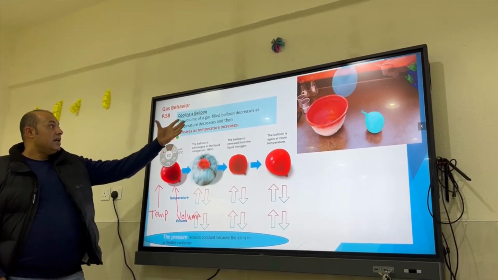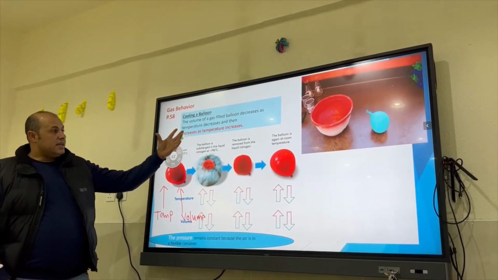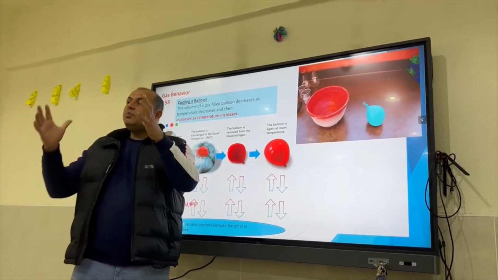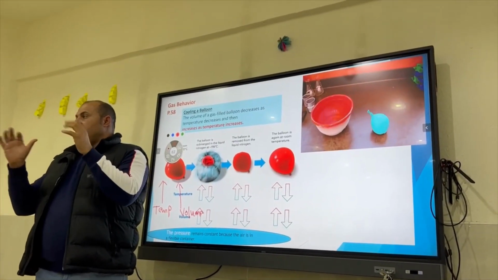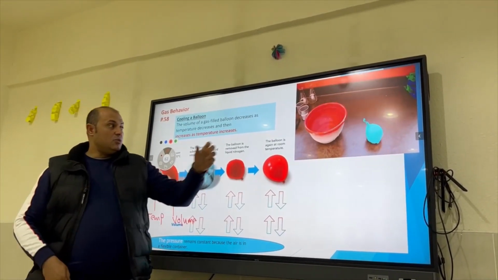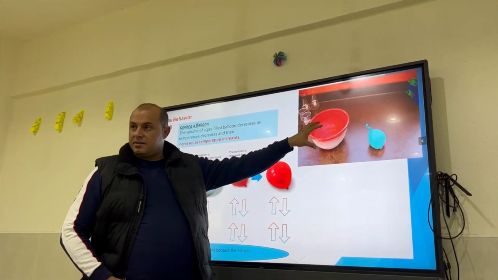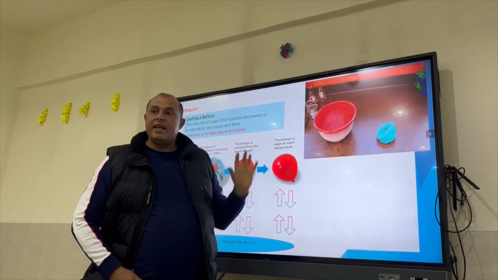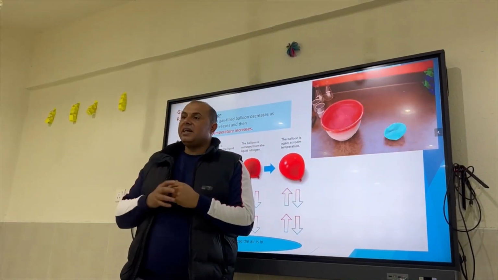Let's take this simple experiment. If you bring a balloon filled with air and put it in ice, the balloon will shrink, meaning its volume decreases.